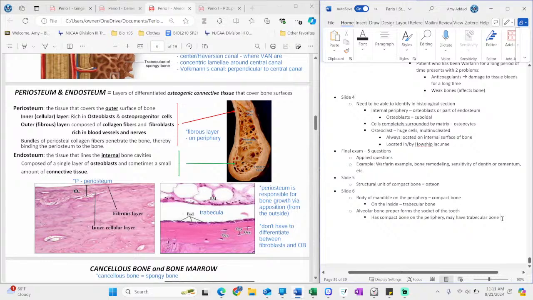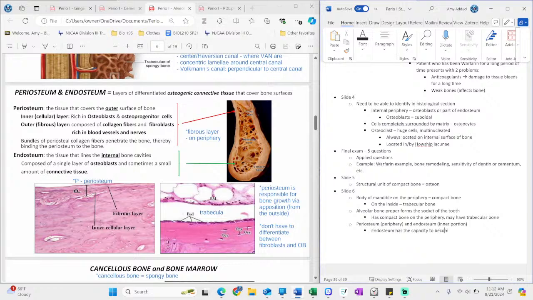Then remember then, in the periphery, we have periosteum, and in the internal surfaces, including the internal surface of the compact bone and all the surface of the trabecula, we have endosteum. And the endosteum has the capacity to be osteogenic.